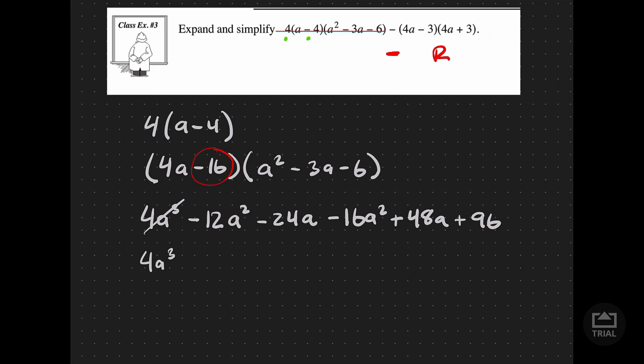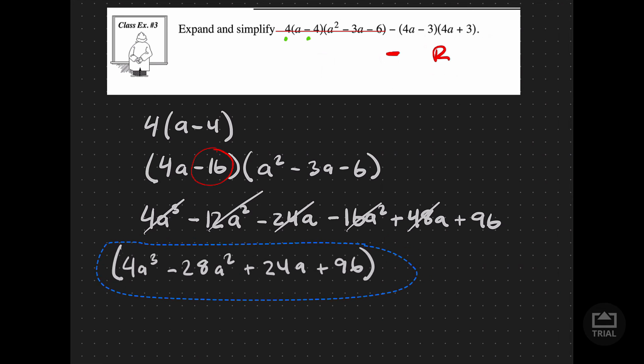The squares, I've got a negative 12 and a negative 16, giving us a negative 28a squared. The a's, I've got a negative 24 and a positive 48, giving us a positive 24a. And finally, I have my 96 right there. And we'll put that all in a bracket. We'll move it over just a little bit.